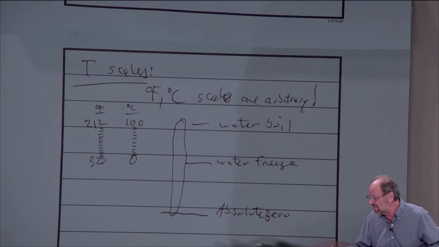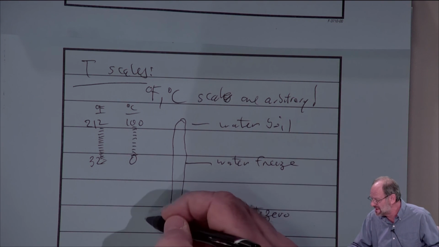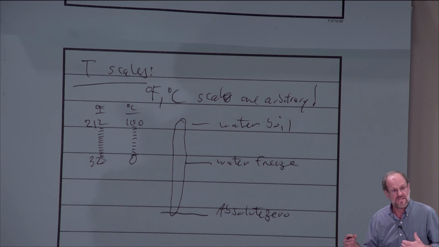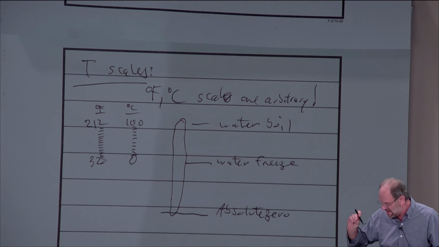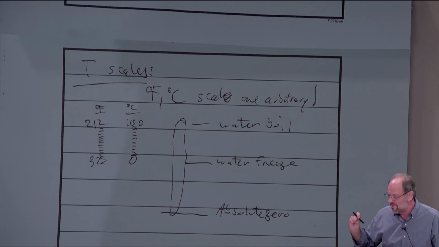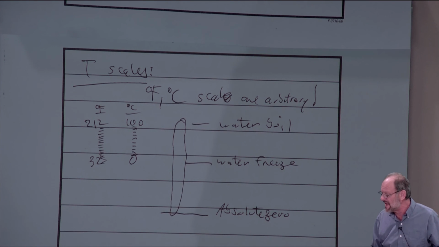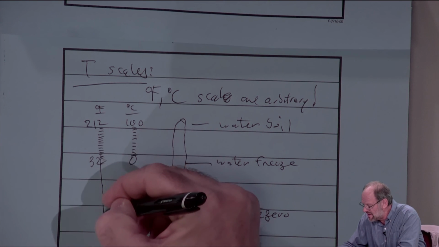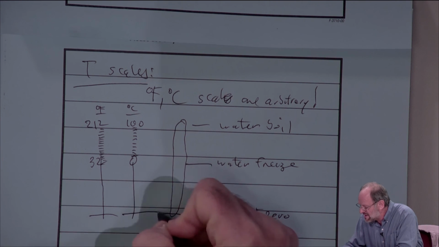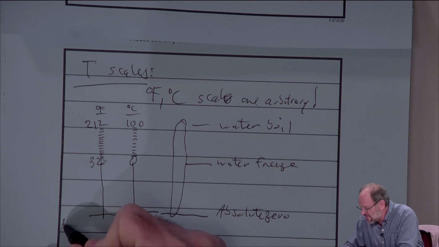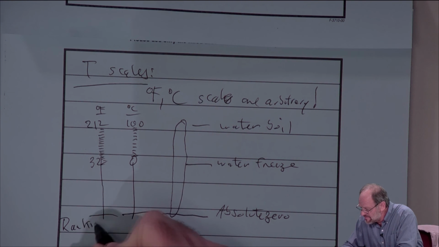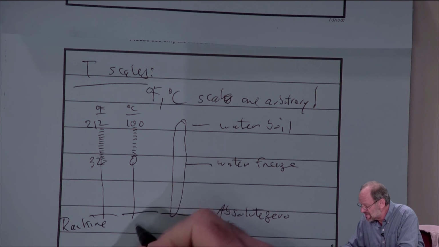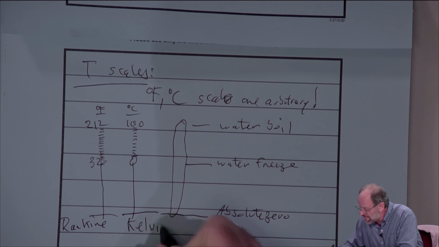So somebody else came up with the idea, let's let 0 absolute exist in this new scale, but let each individual graduation on the thermometer, each degree, be the same as a Celsius degree. And what was come up with then were two competing scales. One is called the Rankine scale, and the other is called the Kelvin scale.